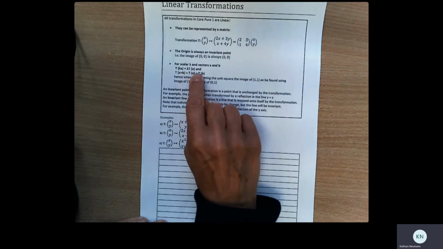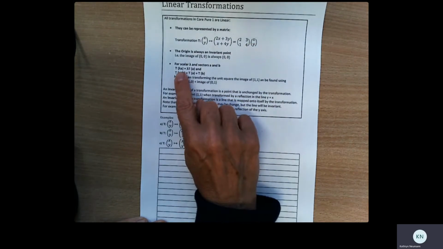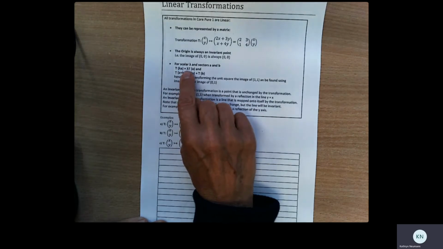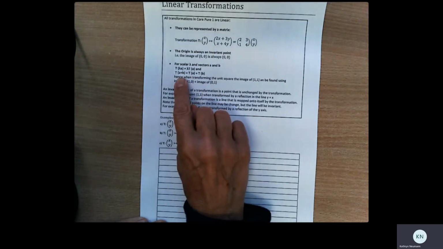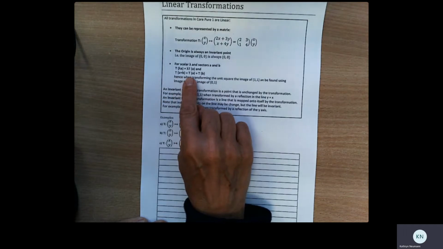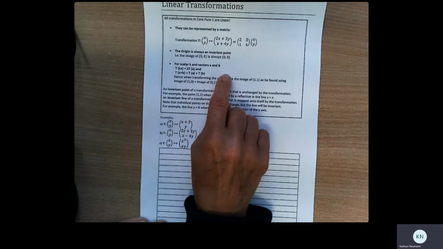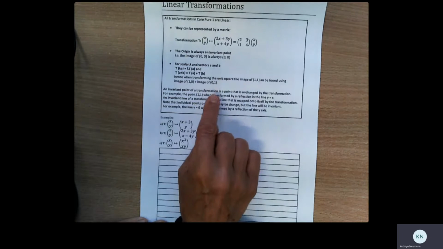Also, if you've got a multiple of a vector and you apply the transformation to it, it's the same as doing the transformation and then multiplying by that multiple. And if you combine two points together and transform them, it's the same as transforming them separately and adding them. This is something that you might study a little bit more if you go on to university and look at vector spaces.